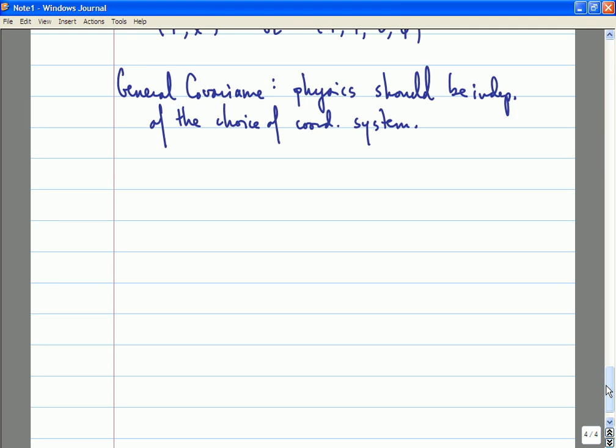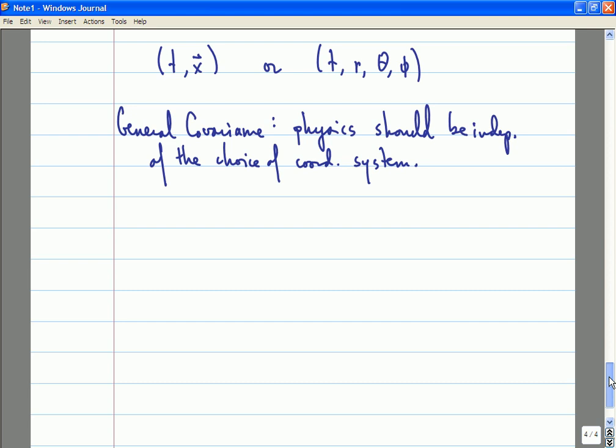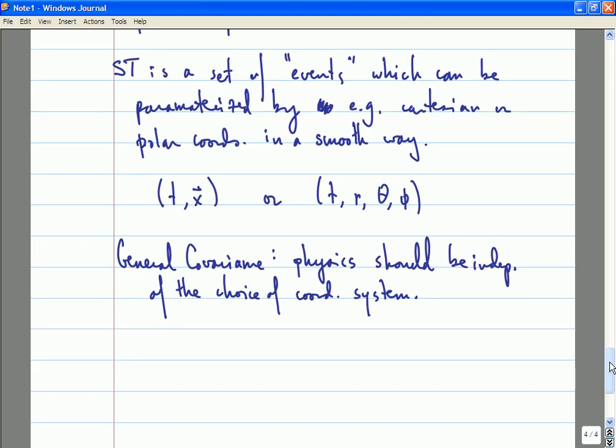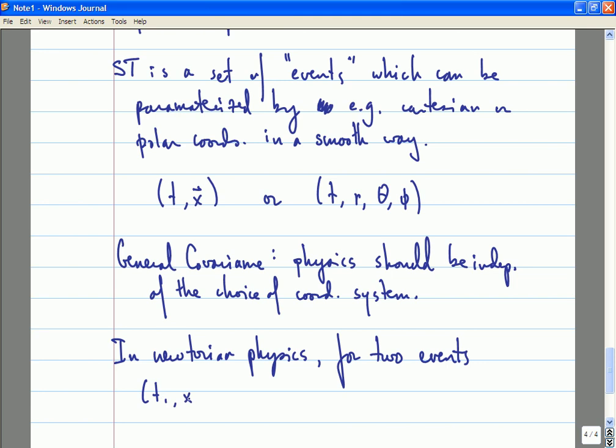Okay, so let's now talk about some of the implications of this notion of general covariance. So let's imagine that we're just thinking about Newtonian physics in a Cartesian coordinate system. So that means that we could imagine two events, one of which happens at time t1 and position x1, as well as time t2 and position x2.